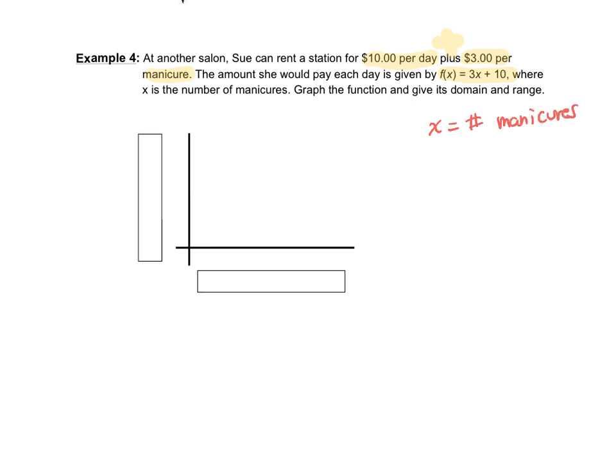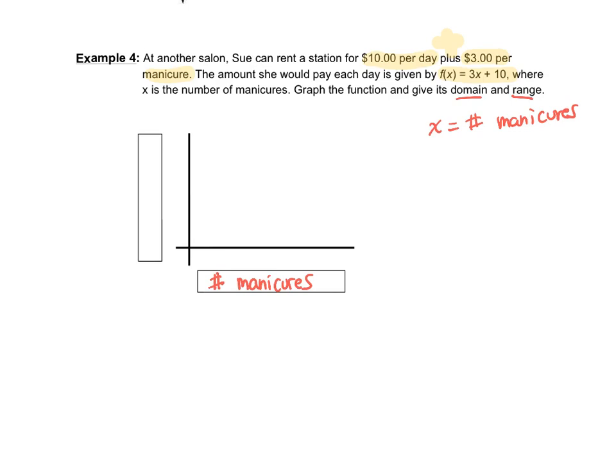Graph the function and give its domain and range. Okay, so first of all, I know that the x is always independent. So I am going to write down manicures down here, number of manicures. And that y, well, $3 per manicure.